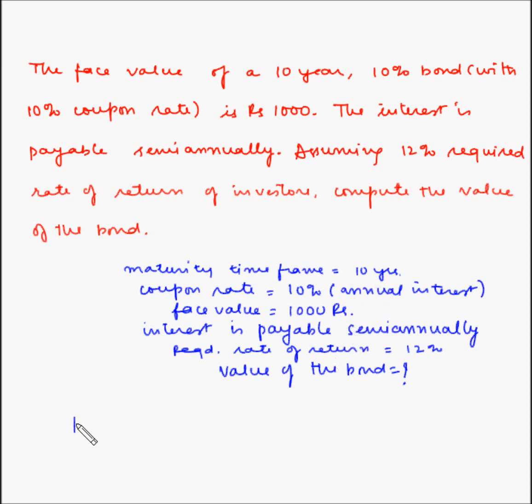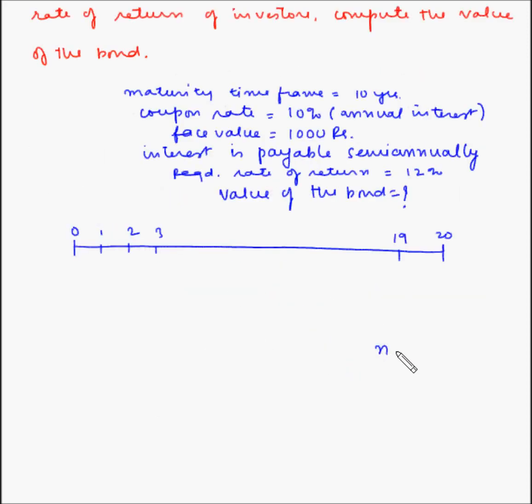So let us draw the timeline for this. 0, 1, 2, 3 and so on, and then we'll have 19 and 20. Each of these is 6 months. So n, or the number of periods, is equal to 10 into 2, which is 20.